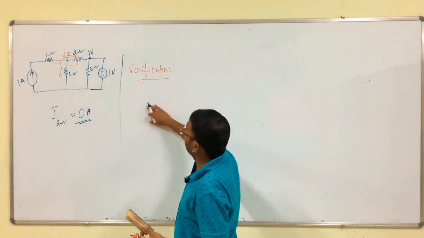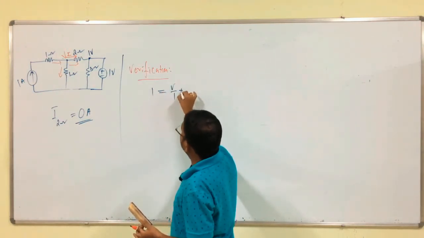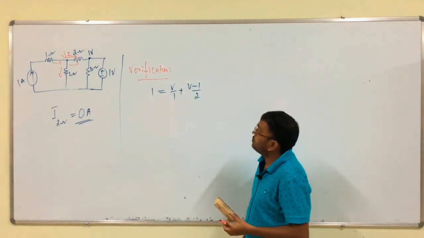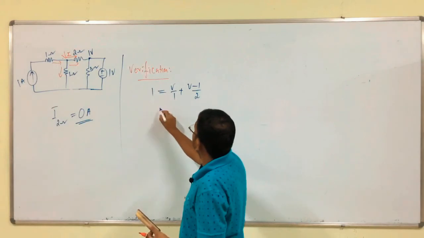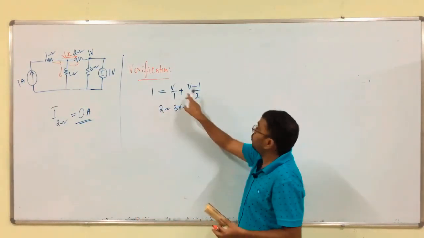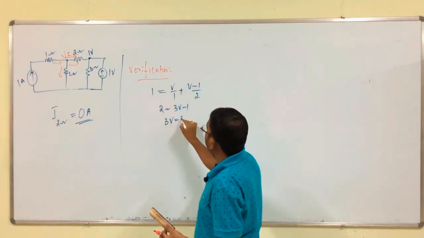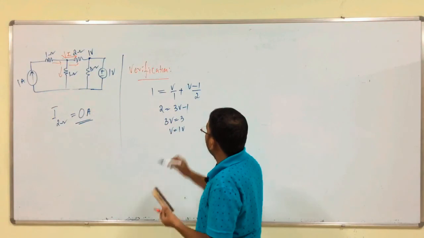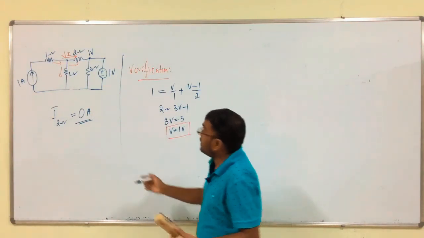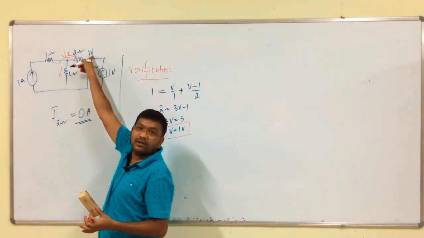So, at that node 1 amp is entering, and leaving is V by 1 plus (V minus 1) by 2. From this, 2 is equal to 3V minus 1, that is 2V plus V minus 1. So, 3V is equal to 3 volts, V is 1 volt. So, this is 1 volt, this is 1 volt, this is also 1 volt.